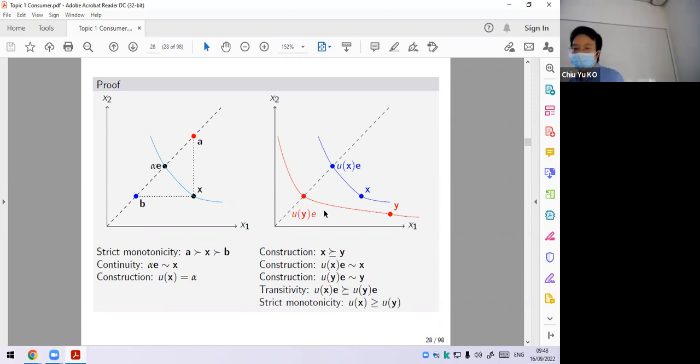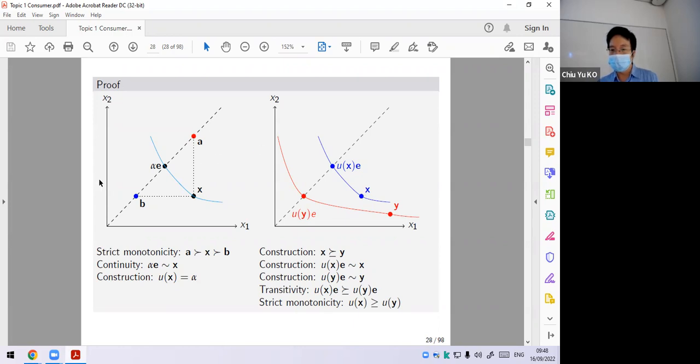So by construction, we have a bundle X and a bundle Y, and X is better than Y. It's not clear in this case, because monotonicity just means that anything to the northeast of X is better. It doesn't say anything about the right and below. You don't know, but let's say by construction X is better than Y.